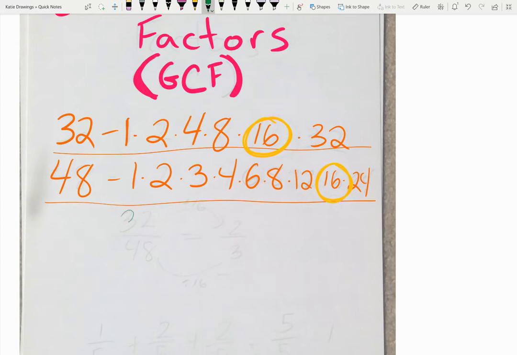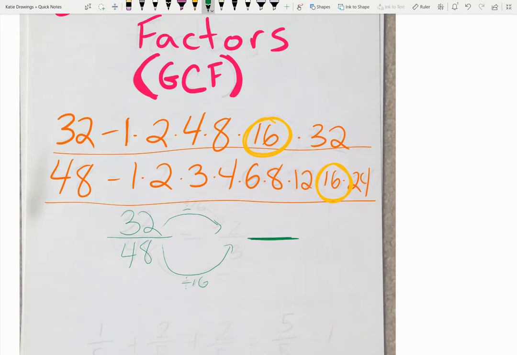So here's your fraction, go ahead and write it down: 32 over 48. I need to find a number, which we already did, to divide into both to find the new simplified fraction. Remember that from Tuesday's lesson?